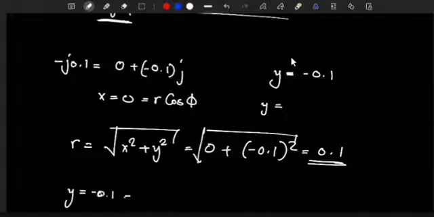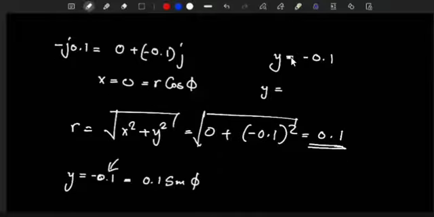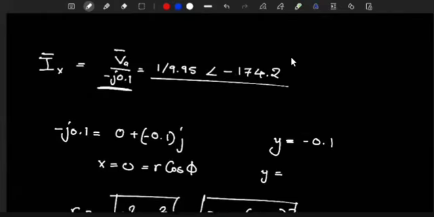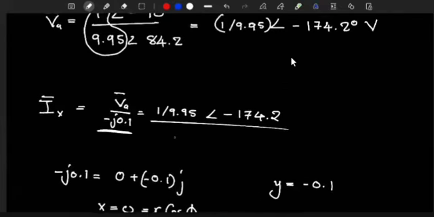So you want an angle phi that ensures that when you multiply it with 0.1, sine of that angle, you should get negative 0.1. What this means is that sine phi has to be equal to negative 1. For sine to give you negative 1, the angle has to be 270 degrees or minus 90 degrees. We'll go with minus 90. Is that okay? Yeah. So the peak, we have seen the peak is 0.1. The angle is minus 90.